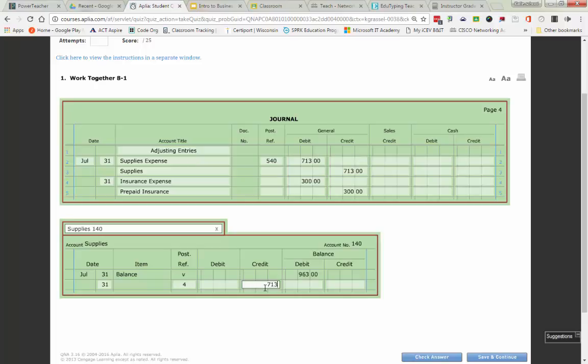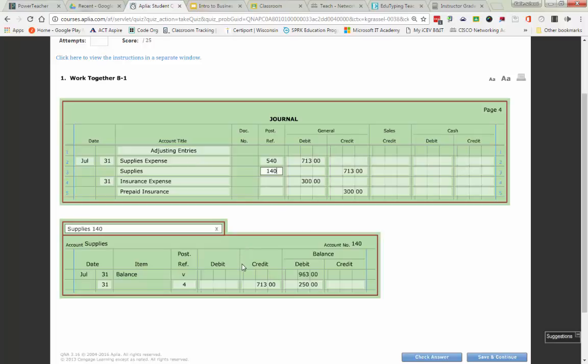It had a debit balance of $976. And I'm crediting it for $713, so I have to do math. So I have to take $963 and subtract $713. So that would give me my new balance of supplies of $250, and that would be $250 as a debit.